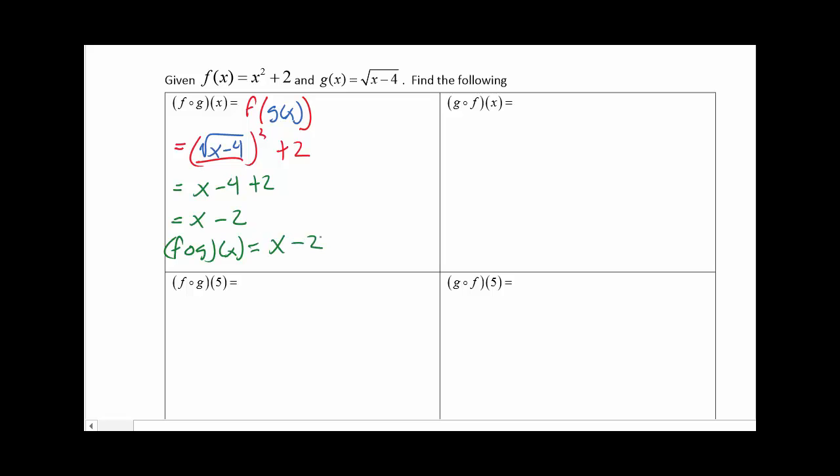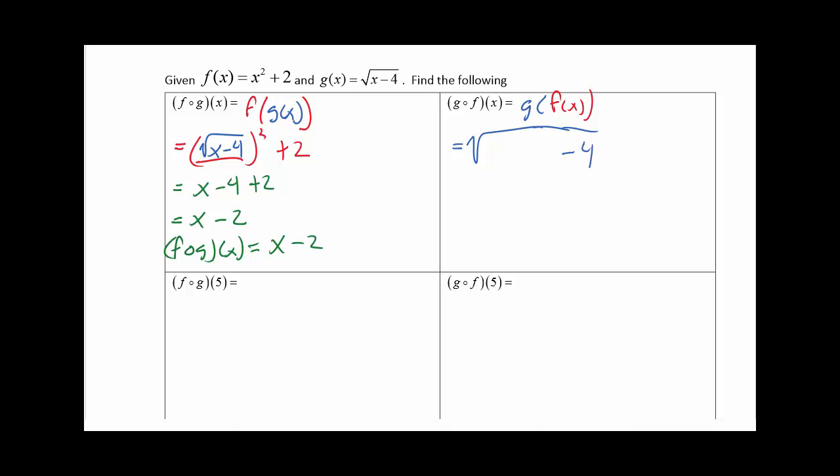Let's do the same thing with g and f again, so we'll switch the order. Alright, so we want g on the outside and I want f on the inside. Alright, well, g happens to be the square root of something minus 4.